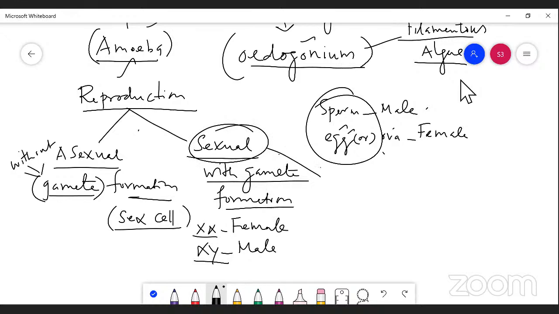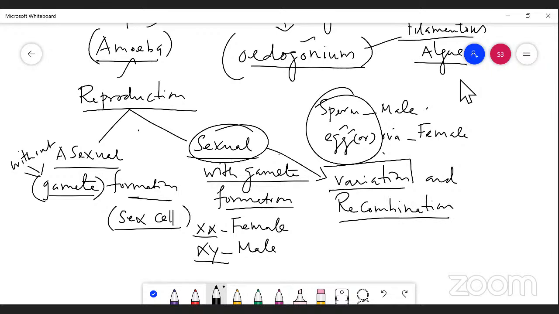Sexual reproduction brings variation and recombination. Variation is the differentiation among individuals of the same species.